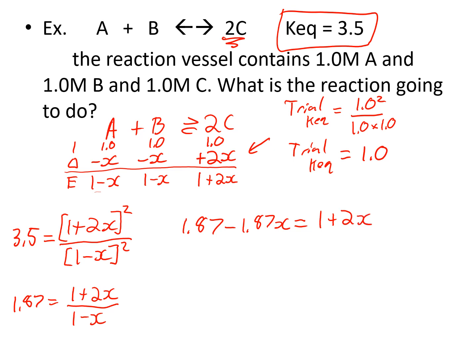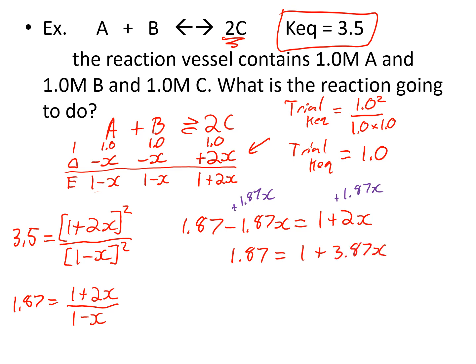I am then going to add 1.87x to both sides, and that's going to be 1.87 equals 1 plus, and then 2 plus 1.87 is 3.87x.